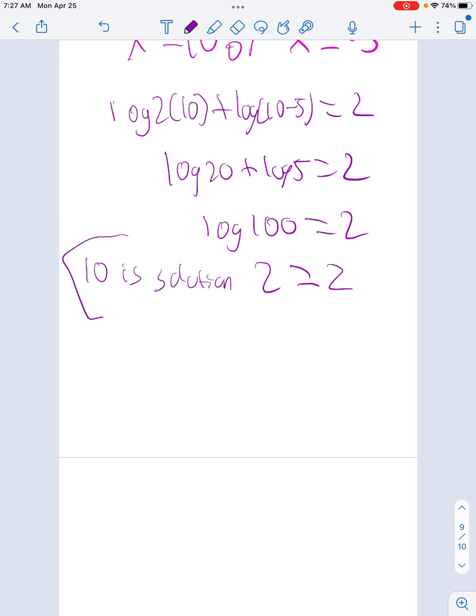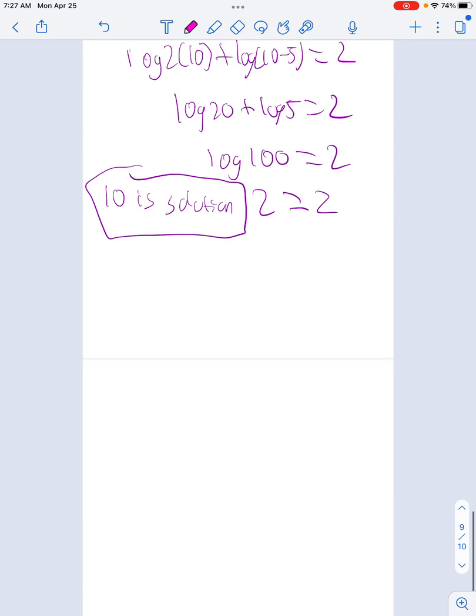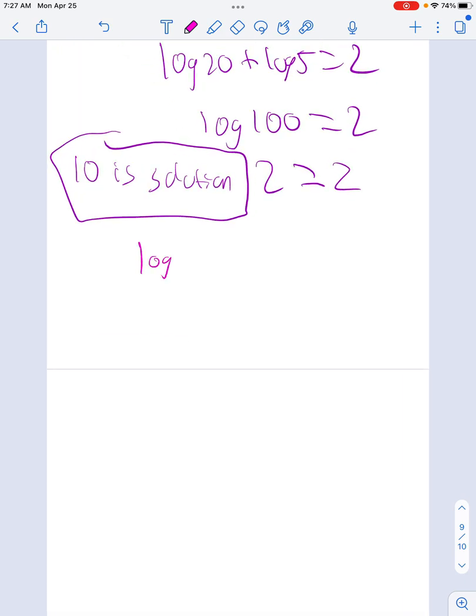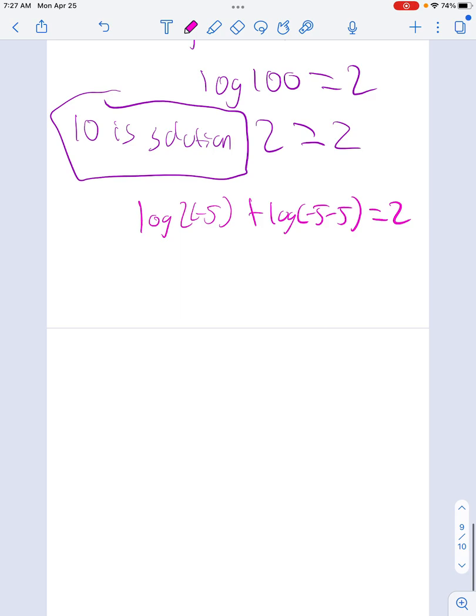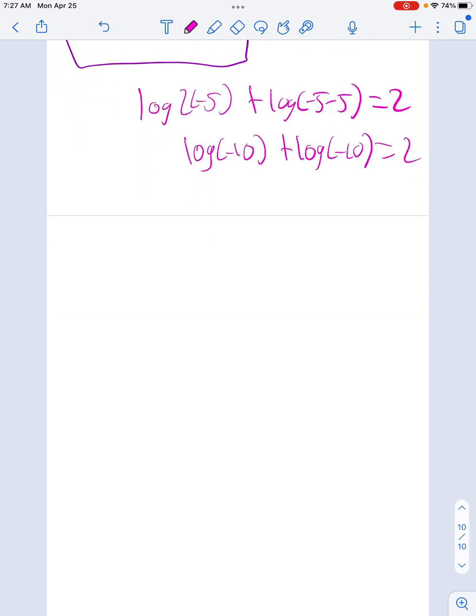However, when I try that with my negative 5, again, log of 2 times negative 5 plus log negative 5 minus 5 equals 2, log negative 10 plus log negative 10 equals 2. Log of negative 10 does not exist.